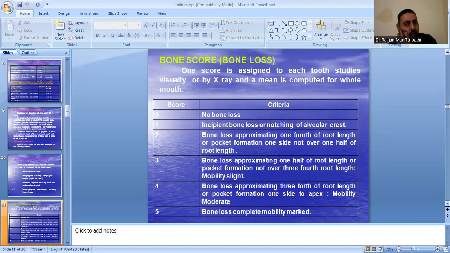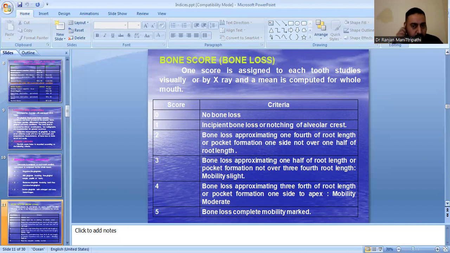Then the bone score or bone loss. One score is assigned to each tooth studied visually or by X-ray, and a mean is computed for the whole mouth. If the score is 0, it means there is no bone loss. Score 1 means incipient bone loss or notching of the alveolar crest. Score 2 means bone loss approximating 1/4 of root length or pocket formation on one side, not over 1/2 of root length.